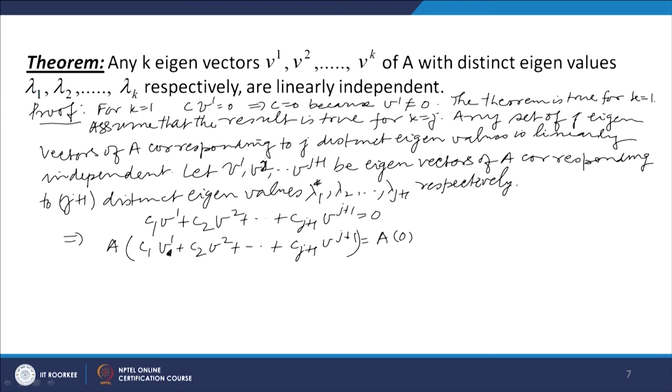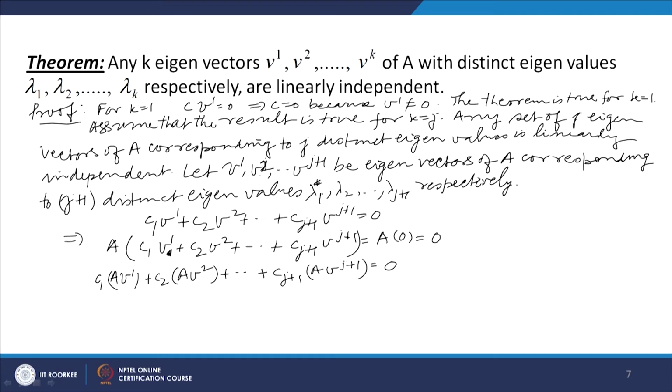A times the 0 vector is the 0 vector here, and on the left hand side, using the properties of matrices, we have c1 A b1 plus c2 A b2 and so on, cj plus 1 A bj plus 1 equal to 0.